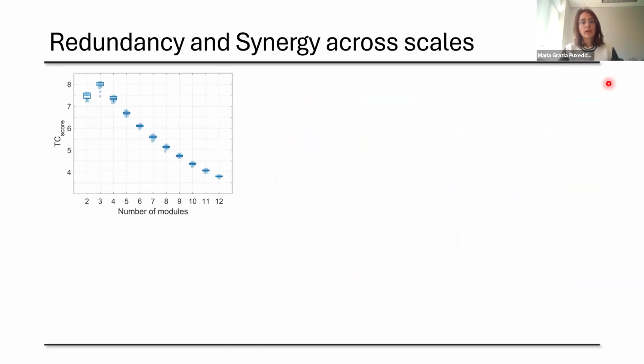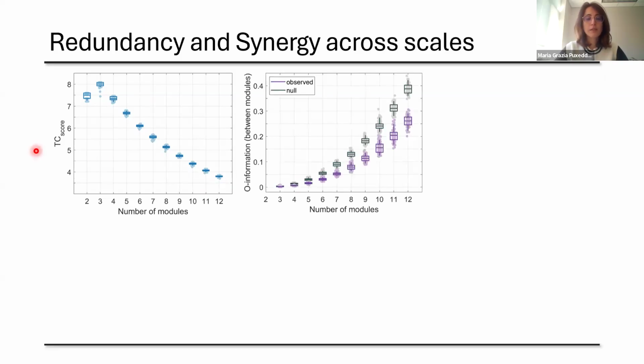We also looked at how this score varies across spatial resolution of the partitions. We observed that it decreases, which means that we observe modules that have less redundancy within them as we go to finer resolutions.